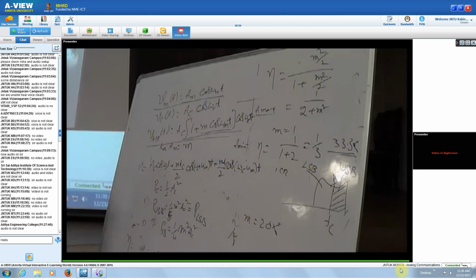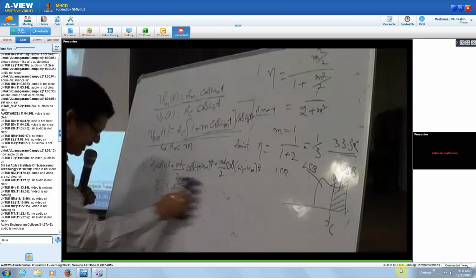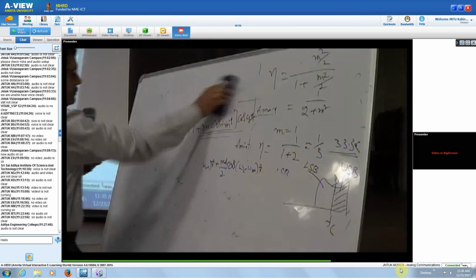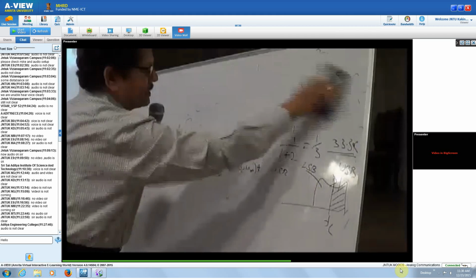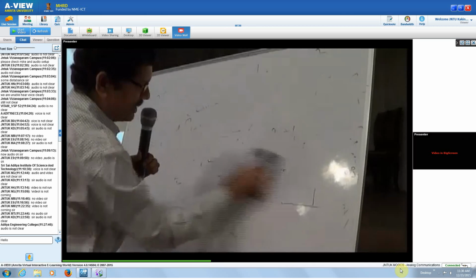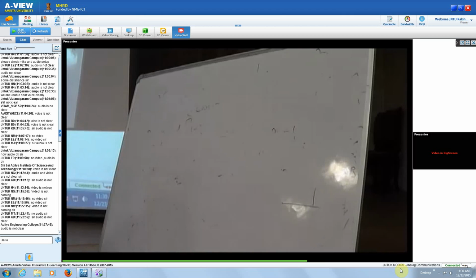Okay, so this is about the different theory of amplitude modulation. Then how to generate the amplitude modulated signal? We are having the baseband signal and the carrier signal.